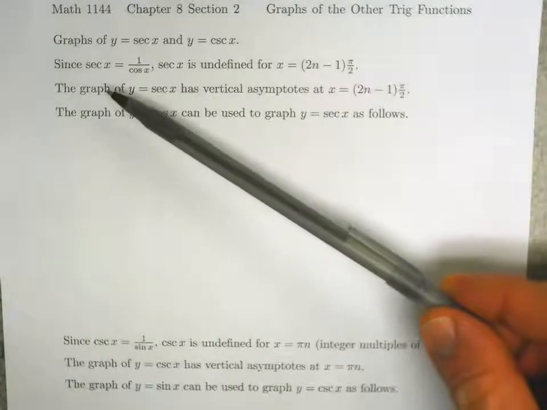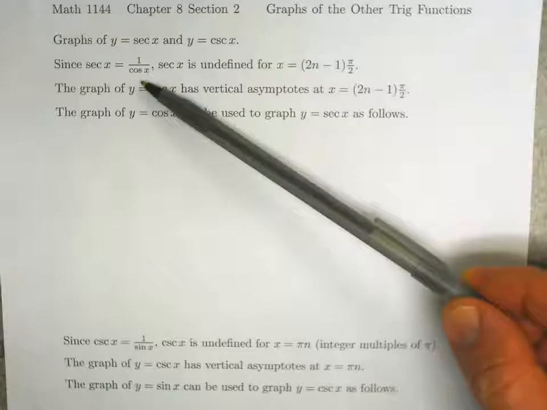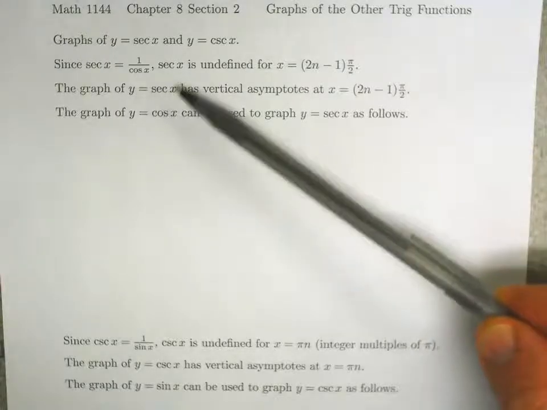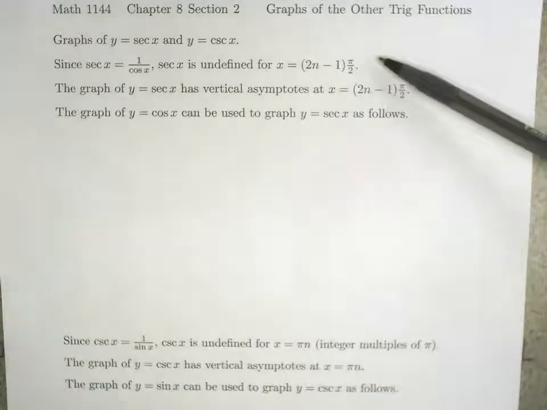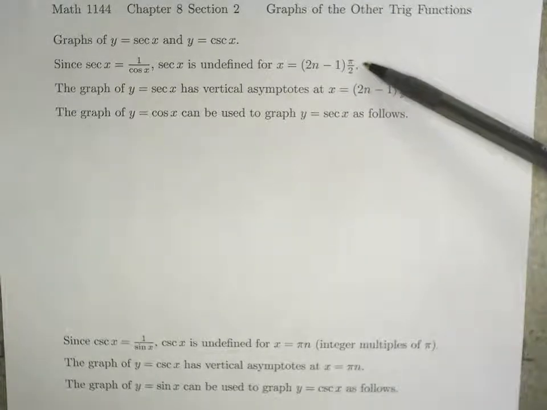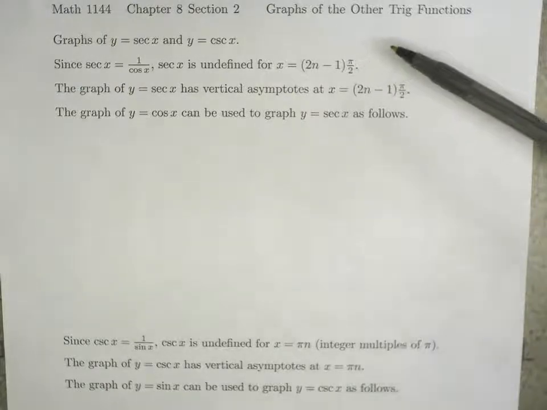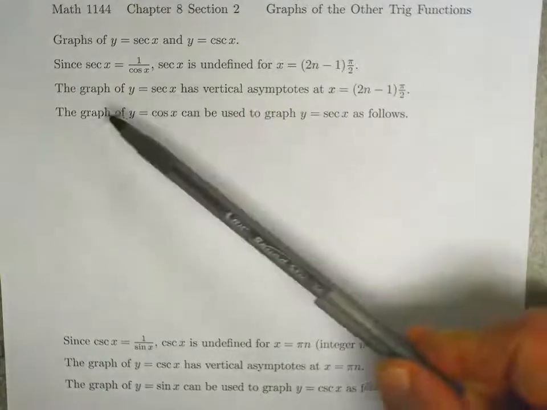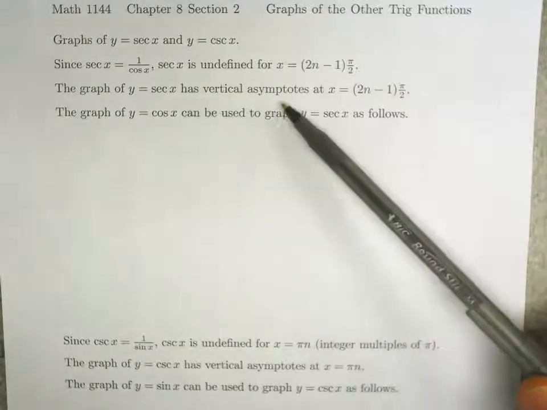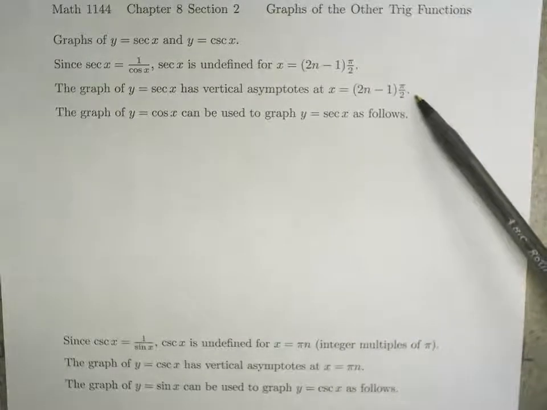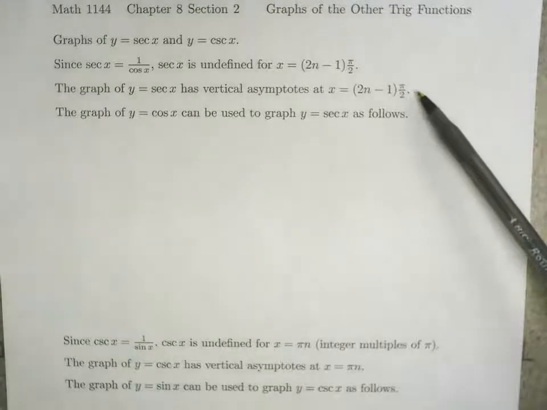Since secant of x is equal to 1 over cosine of x, secant of x is undefined for odd multiples of pi over 2. And so the graph of y equals secant of x has vertical asymptotes at odd multiples of pi over 2.